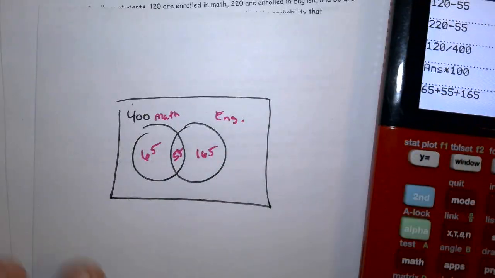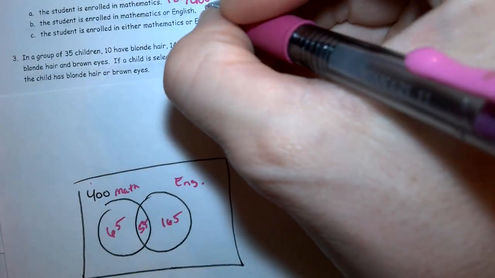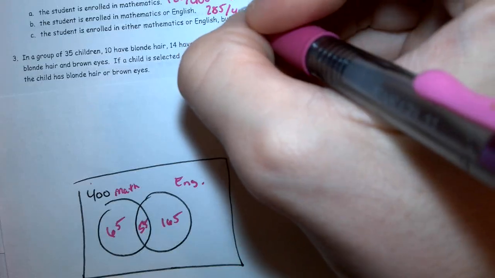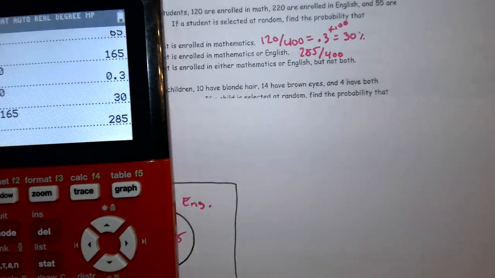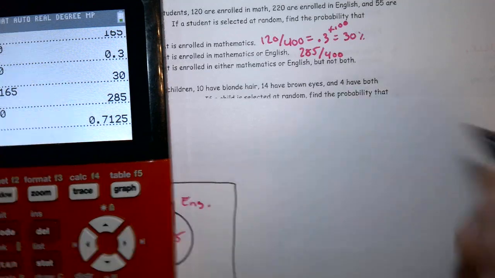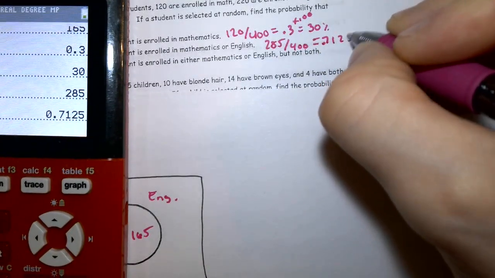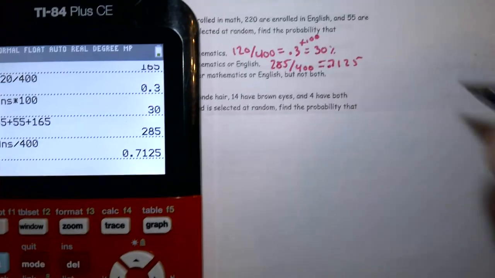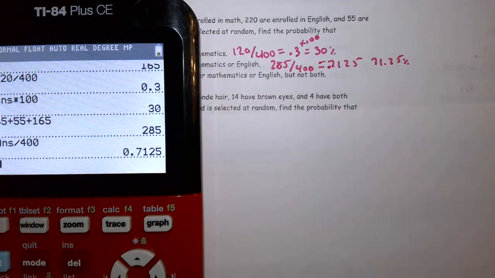If we add all 3 of those together, we get 285. So 285 out of the 400 are enrolled in one or the other. So 285 divided by 400 is 0.7125, which I kind of thought was a pretty number, or 71.25%. All right.